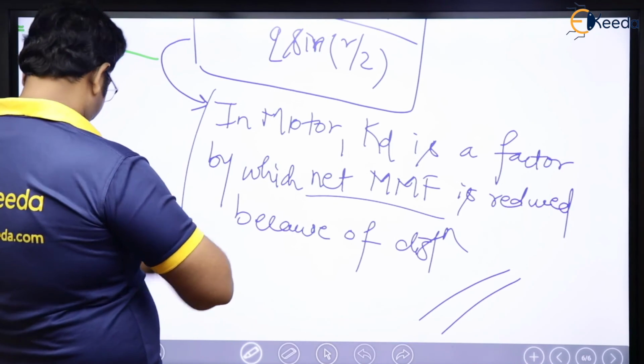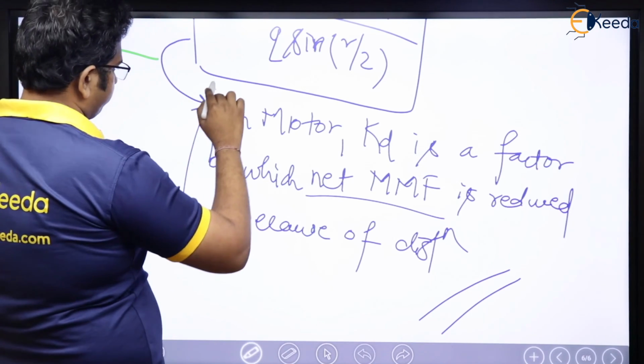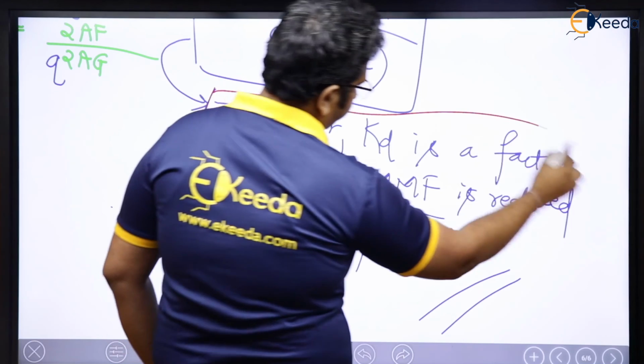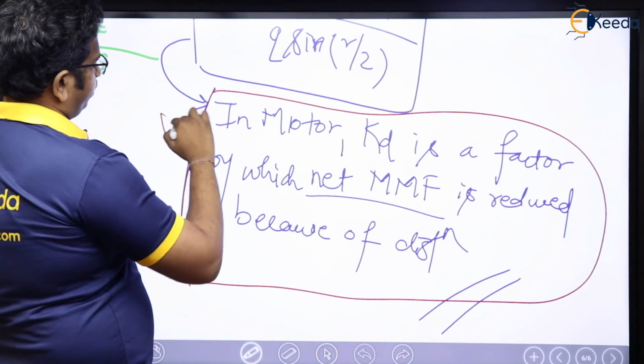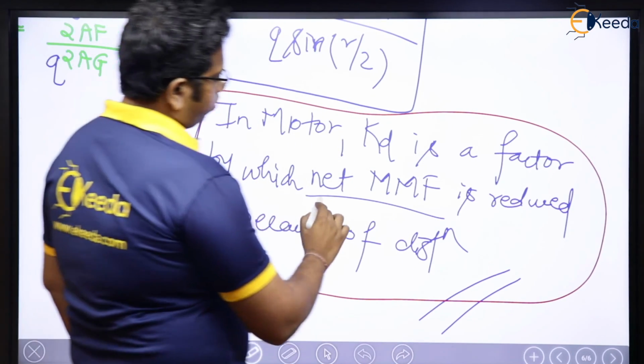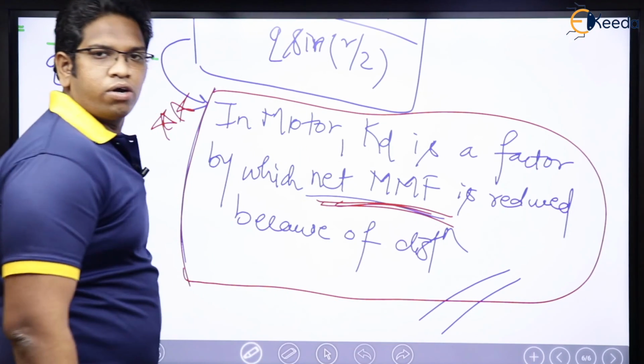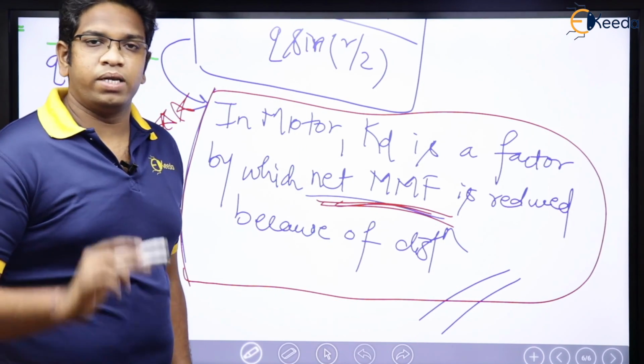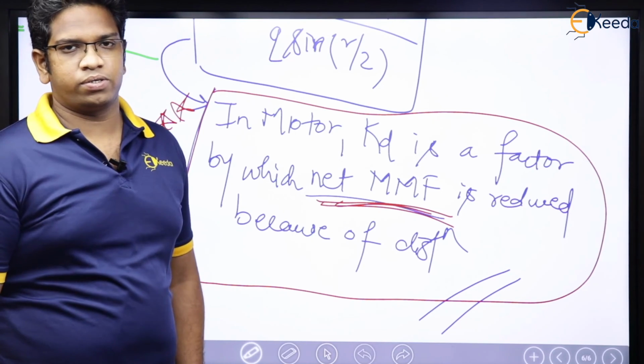In case of motor, it is going to be net MMF reduced, and in case of generator, it is going to be the net RMS value of the voltage reduced. Thank you.